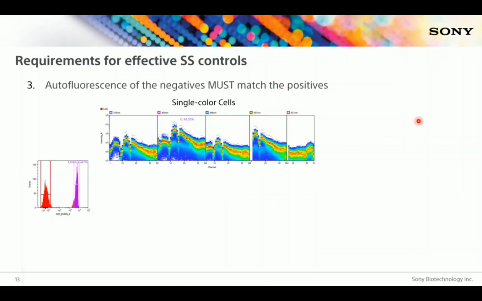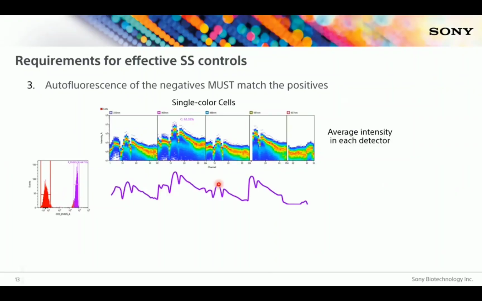The third requirement for effective single-stain controls relies on matching the autofluorescence of the negative and positive population. As per usual, we gate the positive population, and here this ribbon plot is showing the emission just for the positive population of the single-stain control. And the spectral shape will be a sum of the fluorochrome emission with the autofluorescence emission.